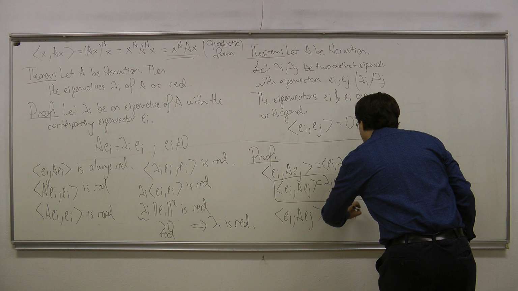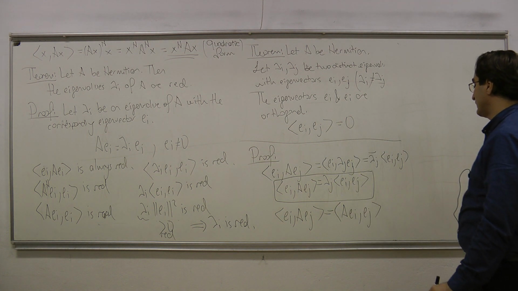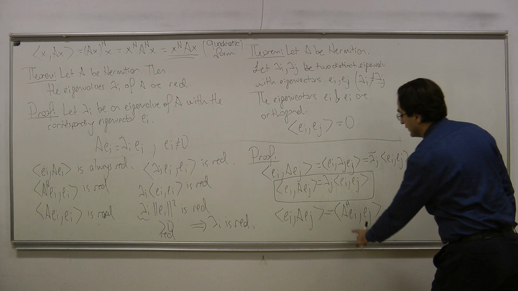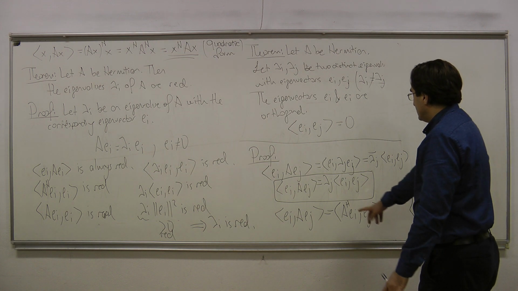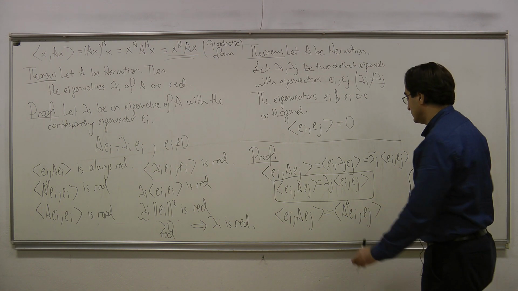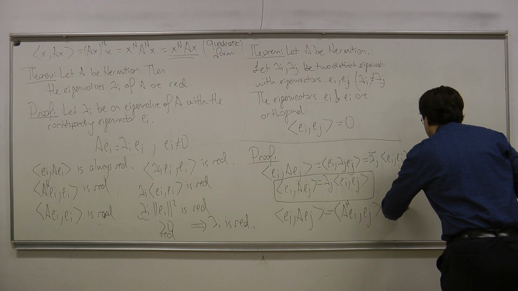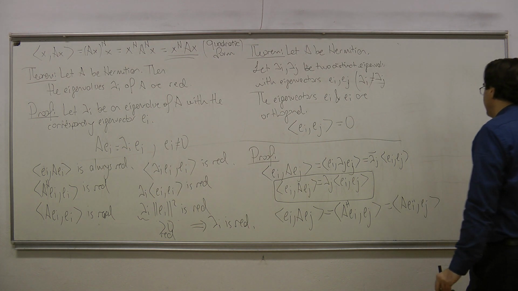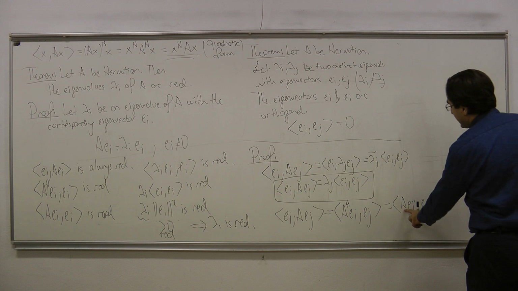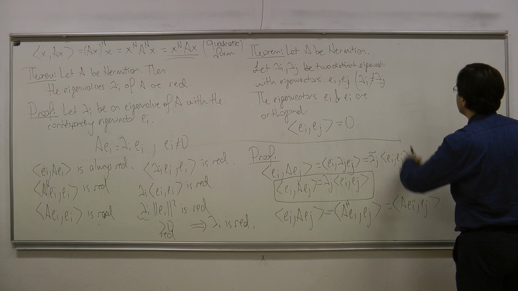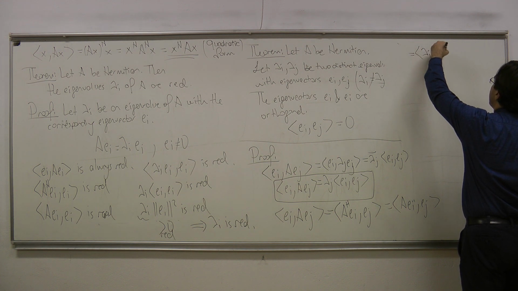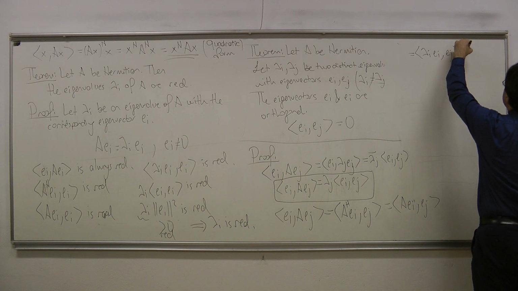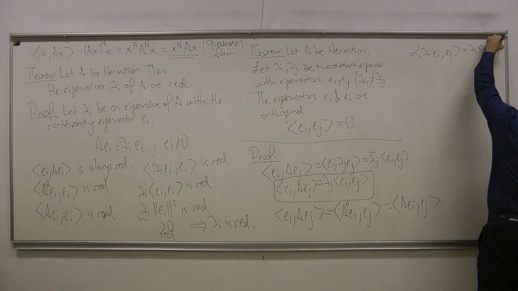So this is AEI times EJ, but the Hermitian of A is equal to A itself. Now AEI is nothing but lambda I times EI, and I can take lambda I directly outside: lambda I, EI, EJ.